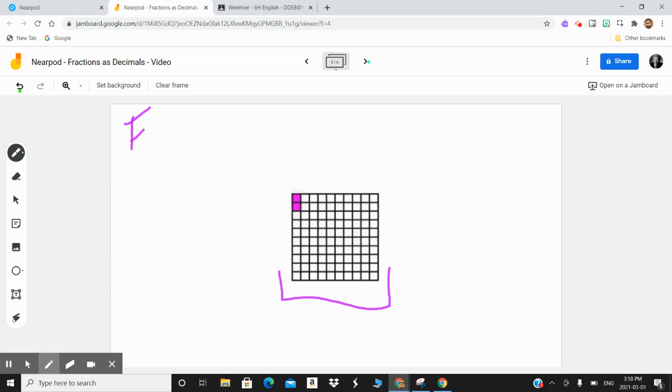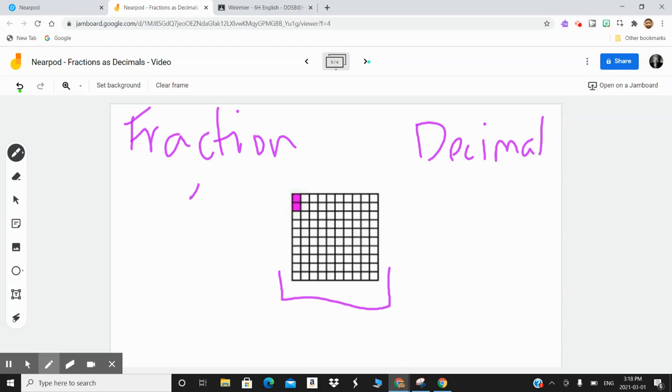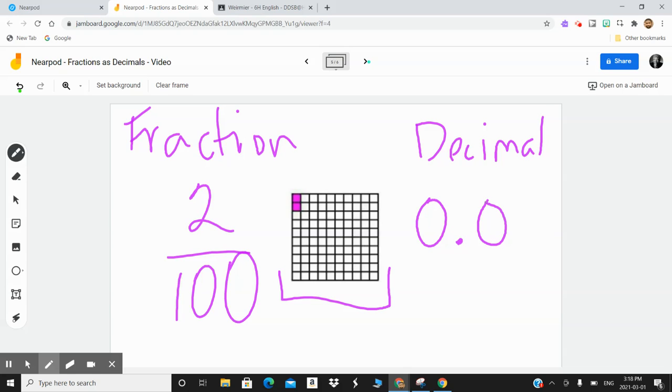Let's write it as the fraction. And let's write it as the decimal. So I can see I have 2 squares filled out of 100. As a decimal, I have no tenths, right? There's no group of tenths filled in. So there's a 0 in my tenths column, but I do have 2 hundredths. So that is how we would write 0 and 2 hundredths.